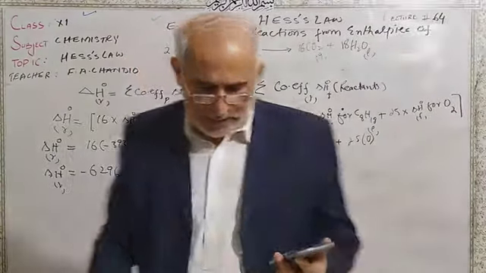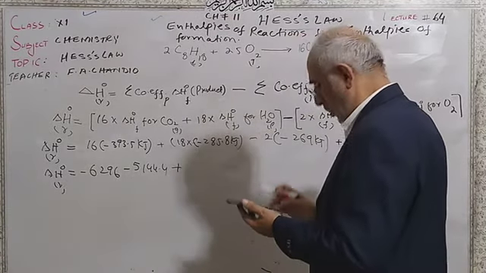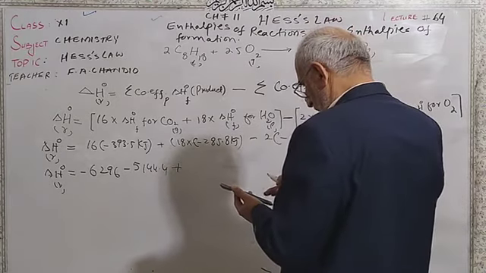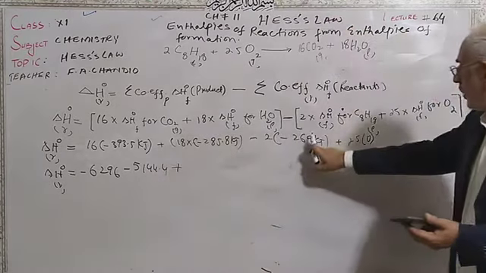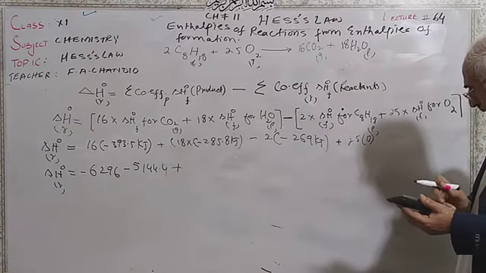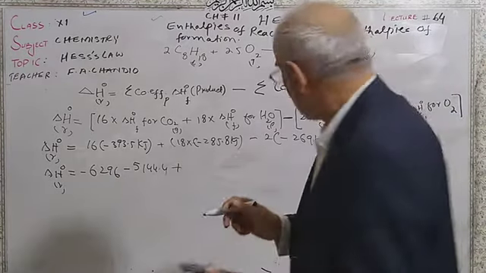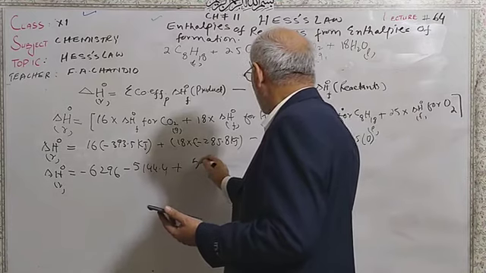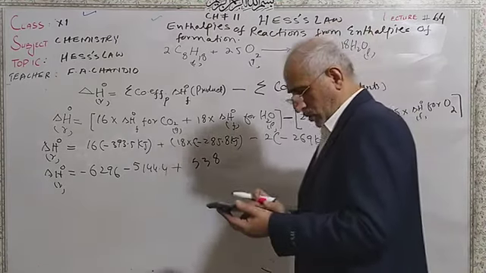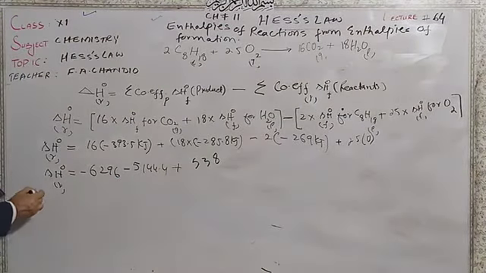Now minus into minus gives plus, so 2 multiplied by 269, the answer is 538. The oxygen is 0, so don't put it. Now these are the 2 minus values, which must be added.